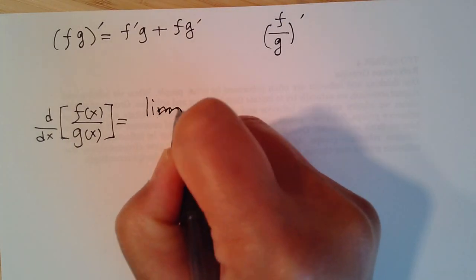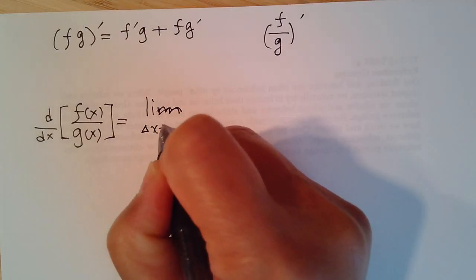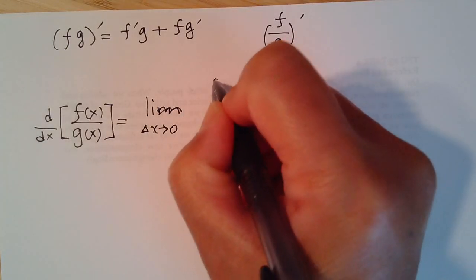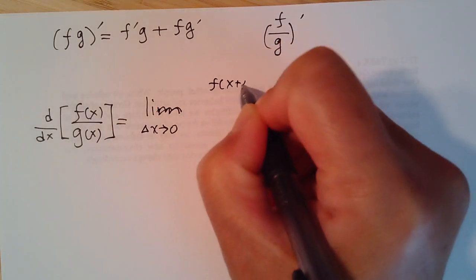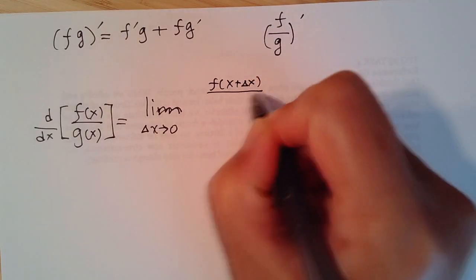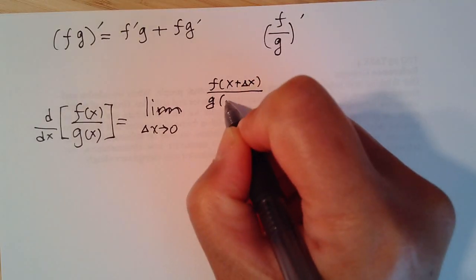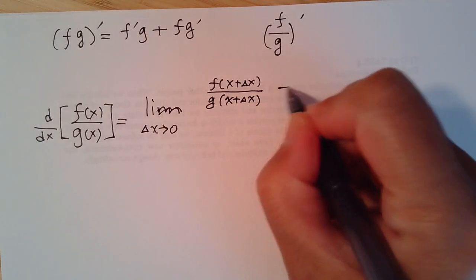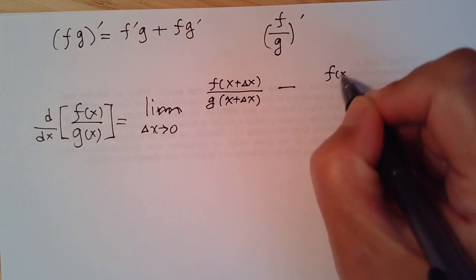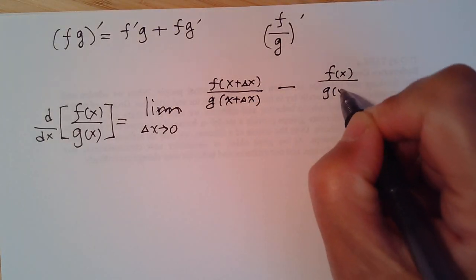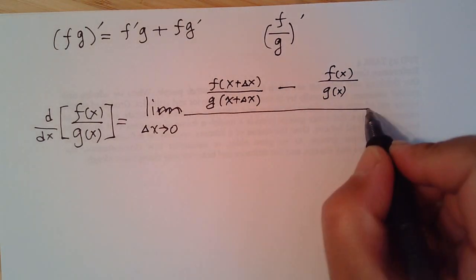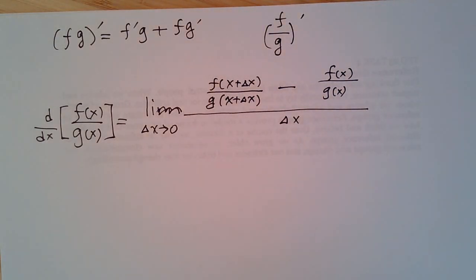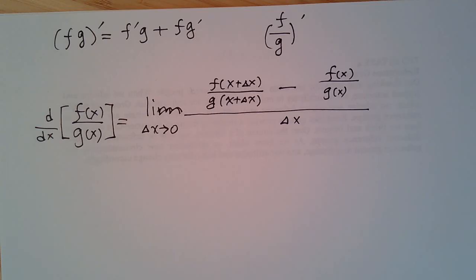So it's a limit delta x approaches 0, and the top here is f of x plus delta x over g of x plus delta x minus f of x over g of x, over delta x. Are you scared already? Because they have fractions and fractions again, okay?